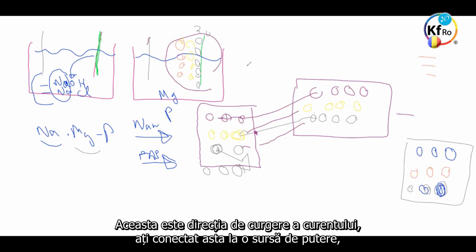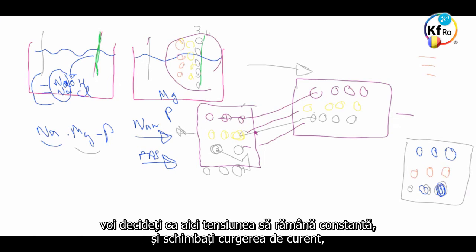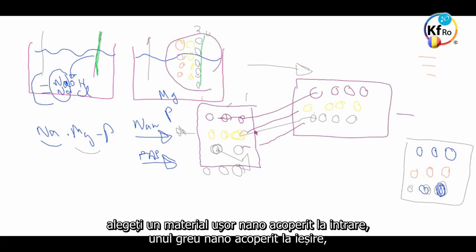This is the direction of flow of the current. You have connected this to a power supply. You decide here the voltage stays constant and you change the current flow. You choose a lighter nano-coated material on the entry, heavier nano-coated material on the exit.